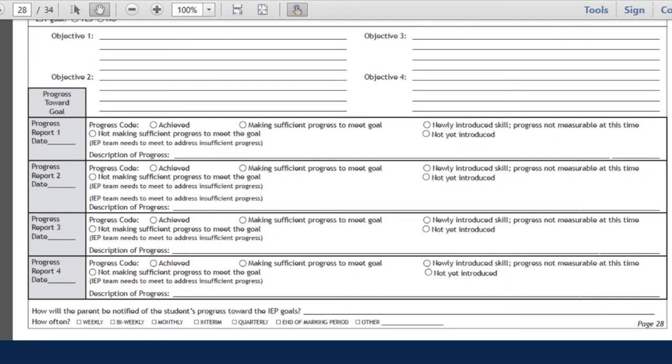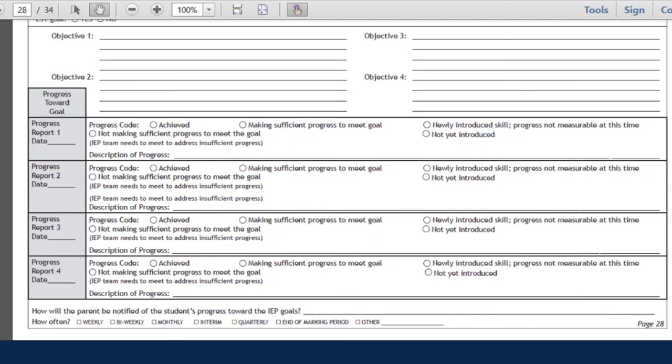Now, that means that they are working on the goal, they are achieving some objectives, and that as long as they continue to make the progress that they are currently making in the IEP process, they should obtain achieving the goal by the end of the year. That is what that means.